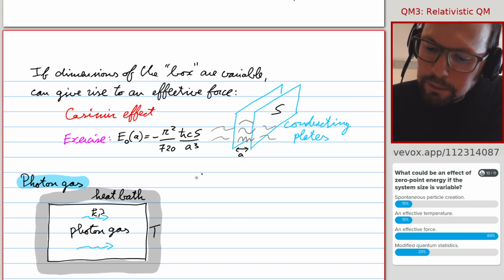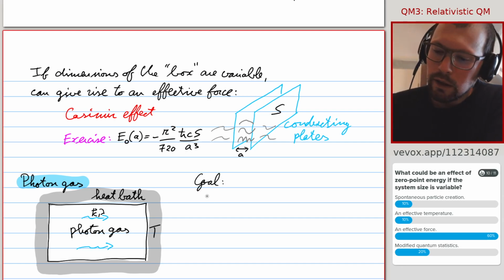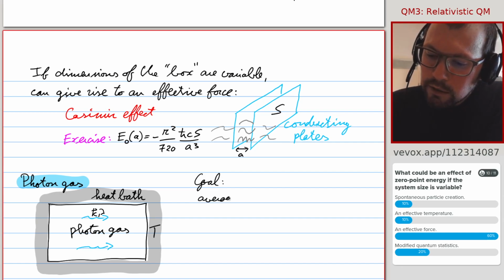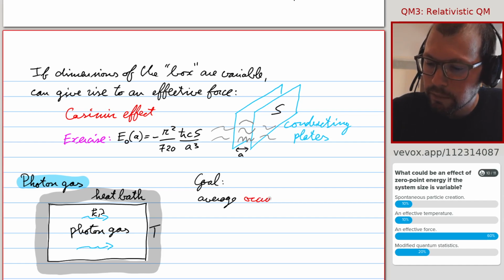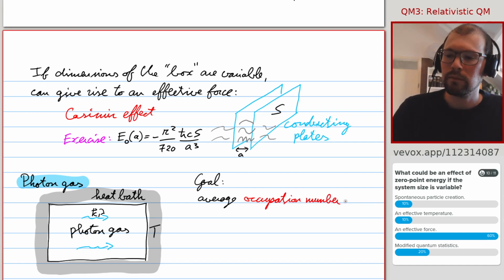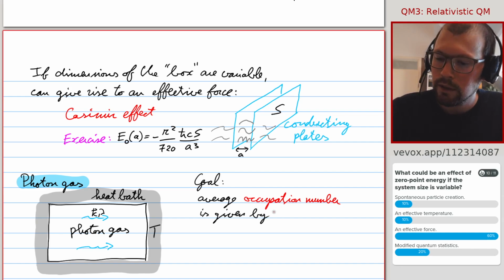So the goal will be to show that the average occupation number is given by the Bose-Einstein statistics.